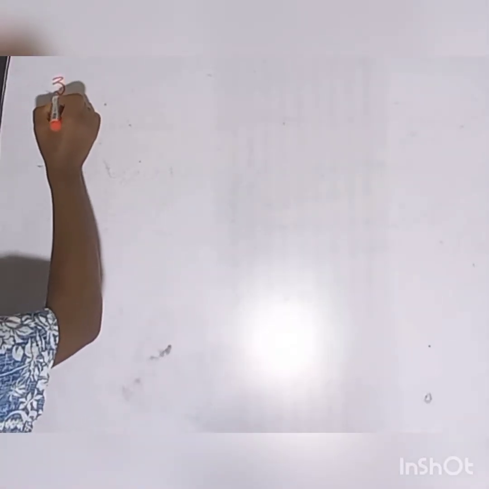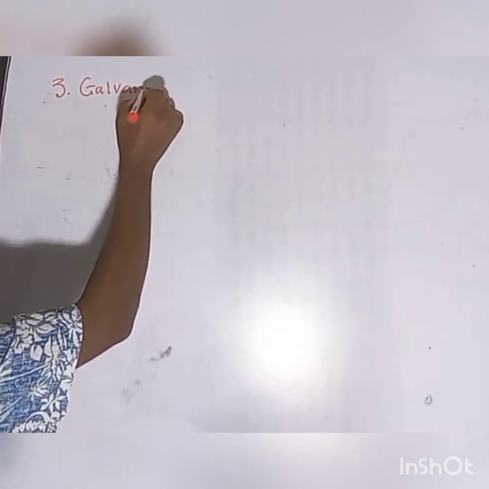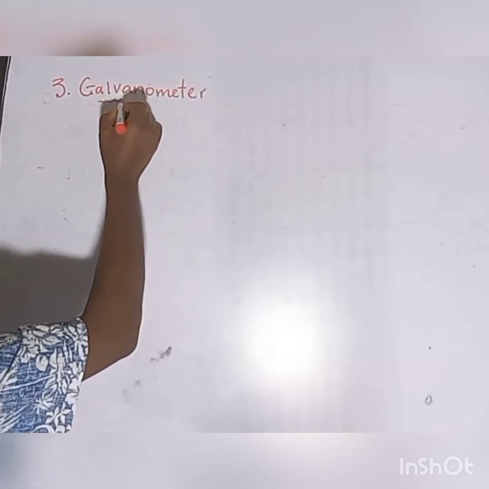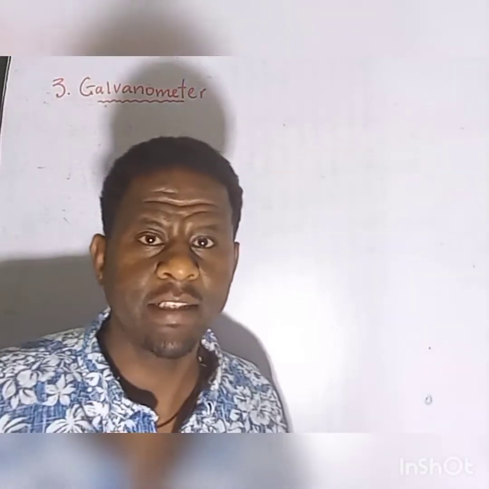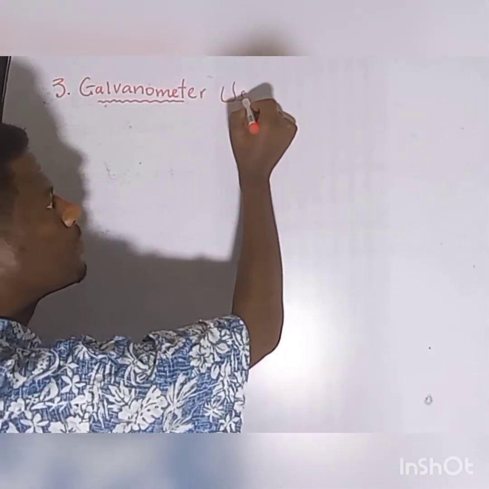Third kind of instrument is galvanometer. A galvanometer is used to measure very small current in a circuit.